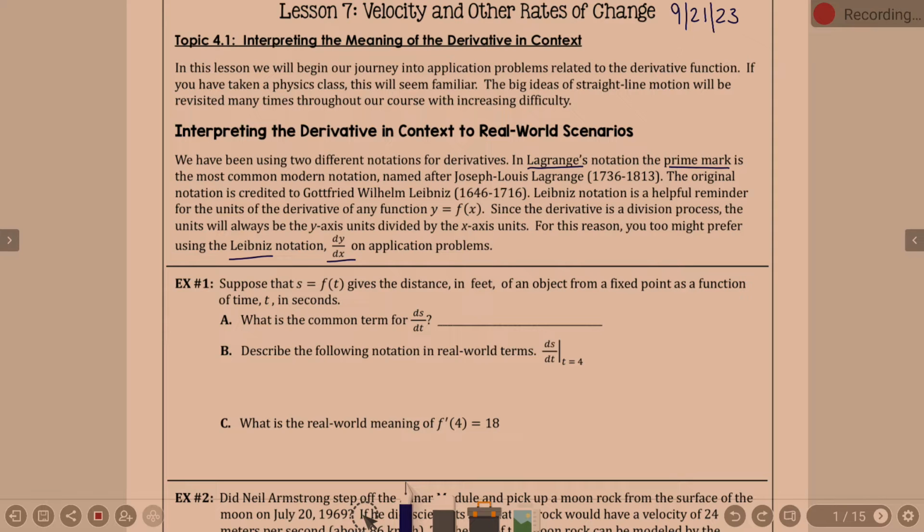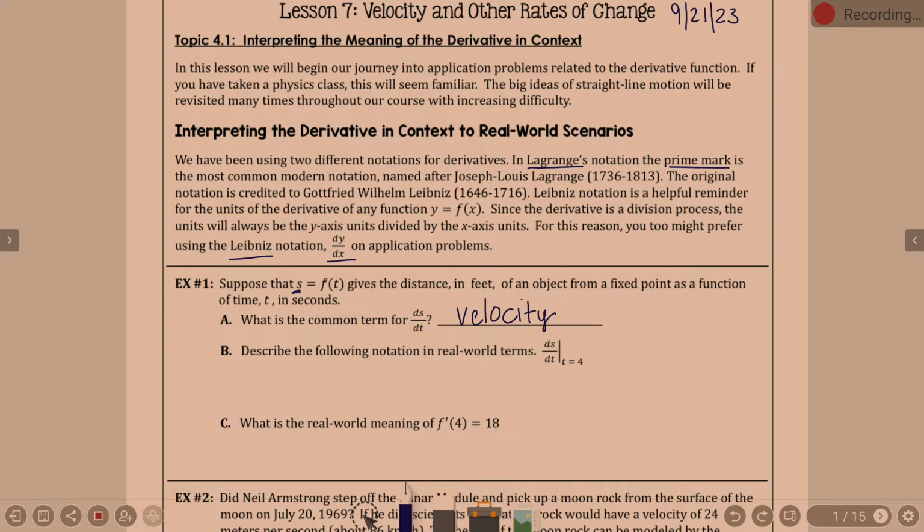So this would be the first derivative of position. s is a common variable for position. It's telling you position because it mentions distance, how far we move along. But ds dt is the change in position over a course of time, and that is velocity.